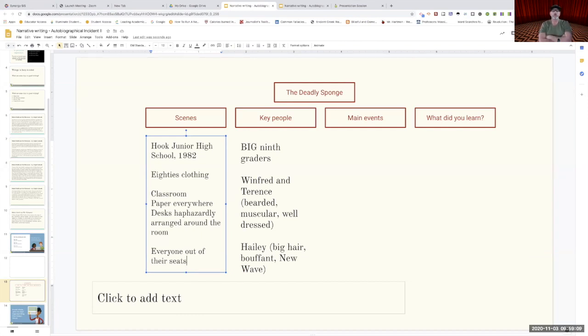When you're grabbing the reader's attention with a hook early in a story, especially an autobiographical incident, you want to make sure you are creating a sense of place. You are picking up a reader and dropping them in a specific time and place. And the more descriptive you are, the stronger your verbs, the clearer you are about where you're at and setting that scene, the more your reader is going to be invested.